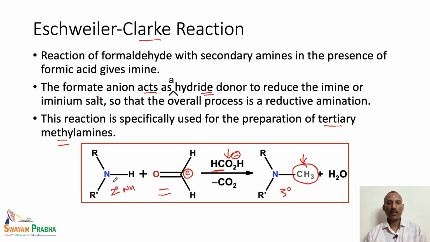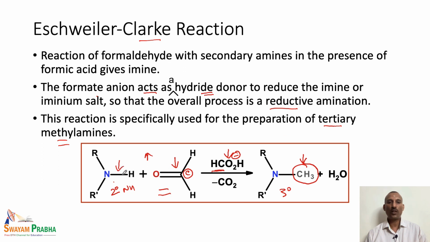So, a secondary amine and the acid formaldehyde gives the iminium salt. This iminium salt is reduced by this particular hydride donor, that is the formate anion. And then if we look at the overall process, it is basically a reductive amination reaction. That means we have a carbonyl unit, we have the amino unit.